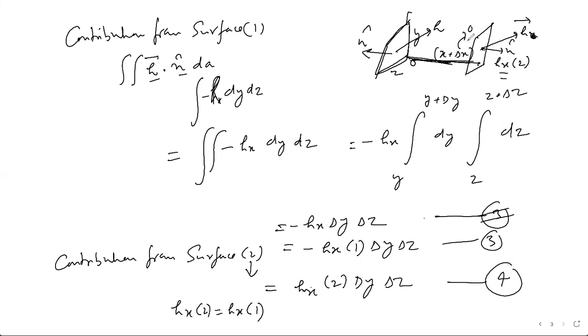But if delta x is not exactly 0, however small delta x you choose, you can always write the field at point 2 in terms of point 1, and you will see that there is a change in that field hx2, which will be proportional to delta x, because you have traveled this distance and because of how your hx field changes with this displacement, right?